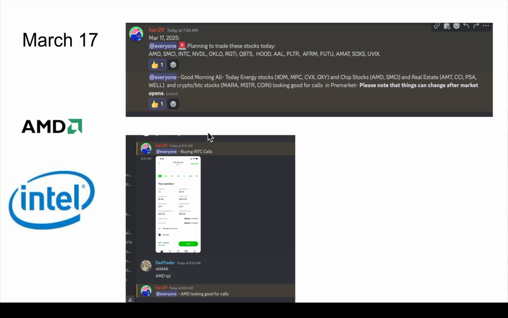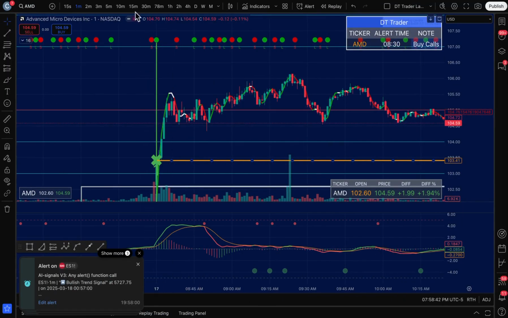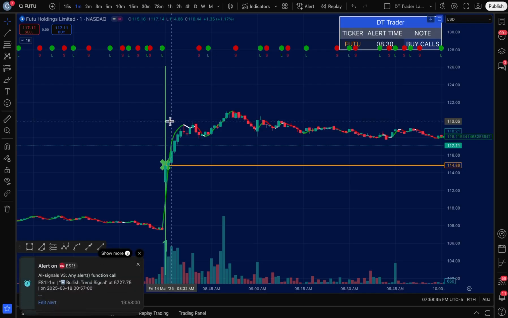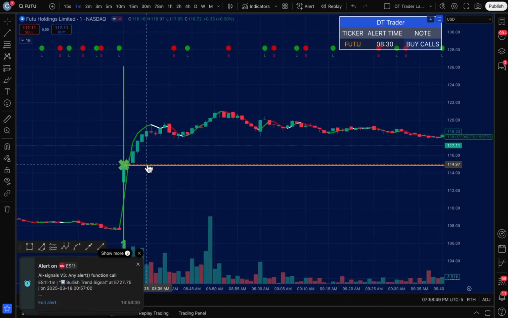So that's enough of slideware. I know that's not so exciting for you. So let's go over and look at some charts. First, let's take a look at Futu. Futu had an amazing run. It was alerted near 8:32, and you can see this beautiful run. Almost a $5 run, but we mostly traded up to this first little doji candle.